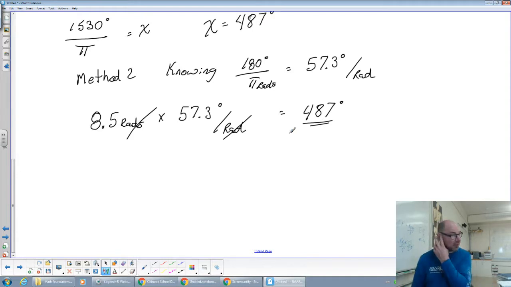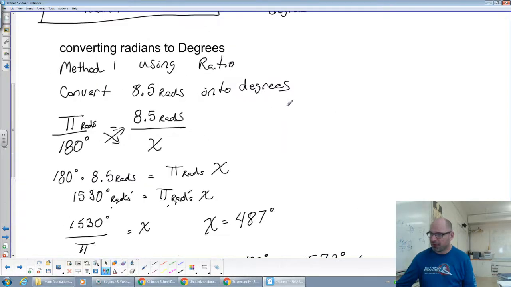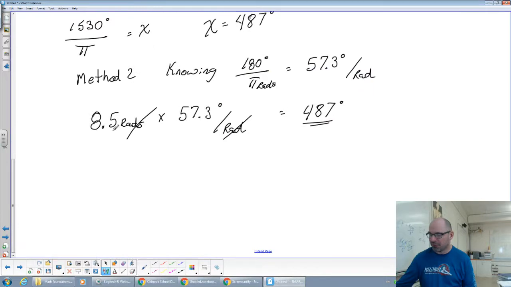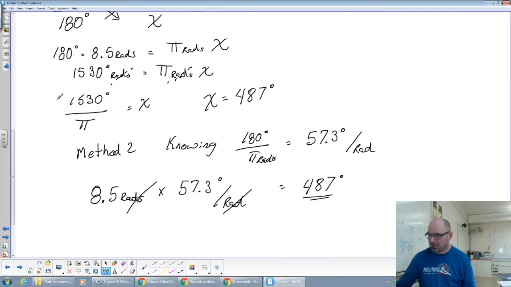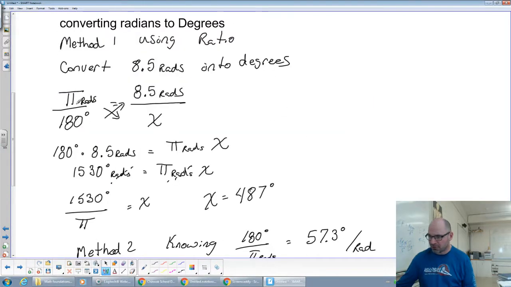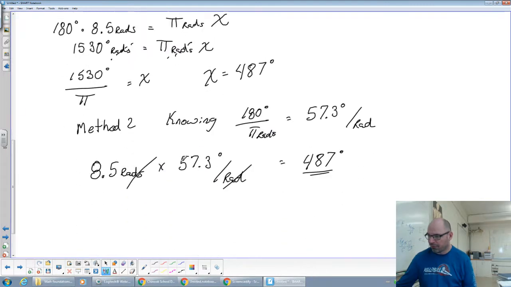Okay, the other thing that we can do is convert from degrees into radians. The first one we did was converting radians to degrees. This time we're going to go from degrees to radians. The same thing applies here: we're going to use the ratio, or the fact that 57.3 degrees is 1 radian.